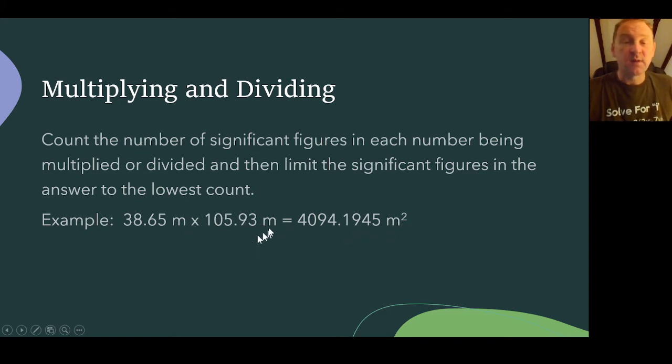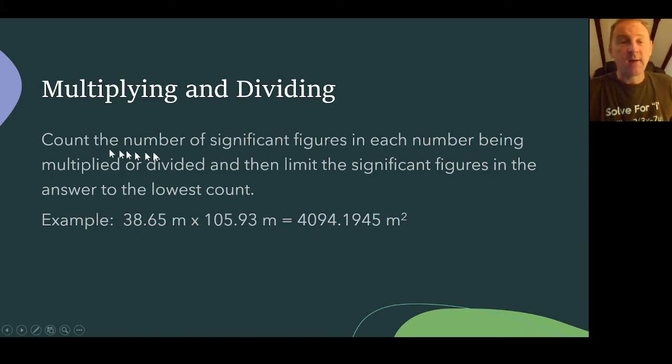Again, when you're multiplying units, they combine and you make it squared. When you're dividing units and they're the same unit, they cancel each other out.